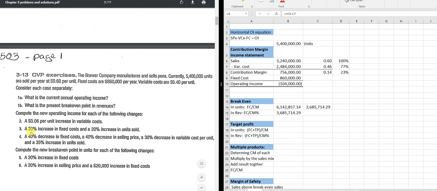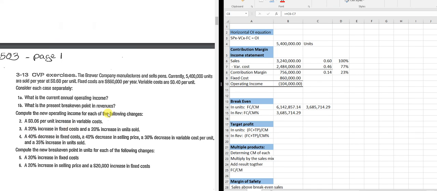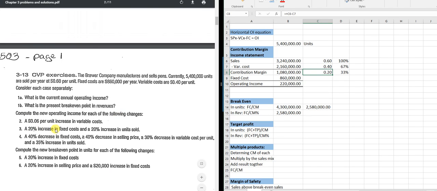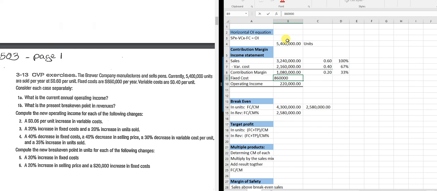Now next one, a 20% increase in fixed costs and a 20% increase in units sold. So now I need to change this back to 40. The question says a 20% increase in fixed costs, so I'm going to have 860,000 plus 20% times that.